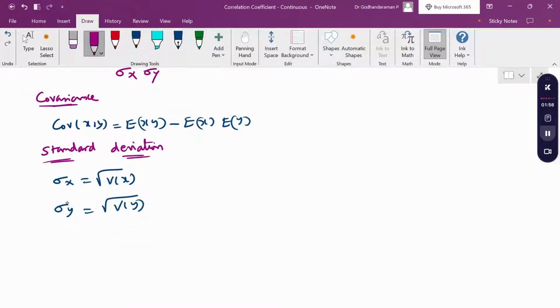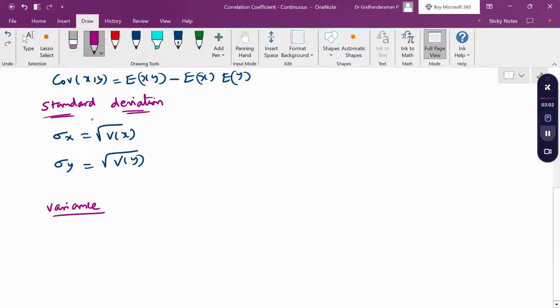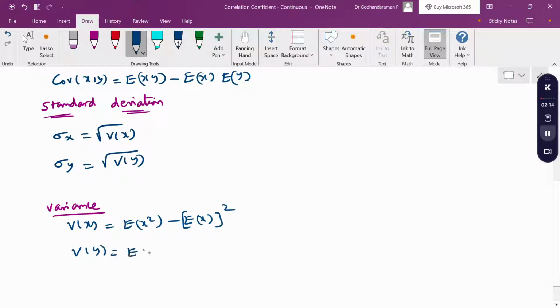Now how to calculate variance? Variance of x is E of x square minus E of x whole square, and variance of y is E of y square minus E of y whole square.